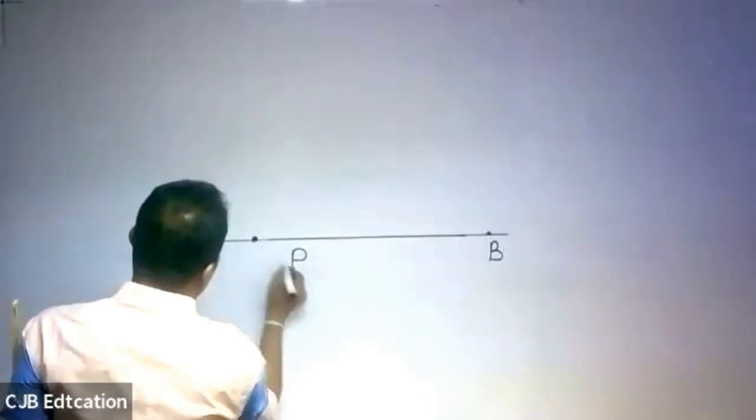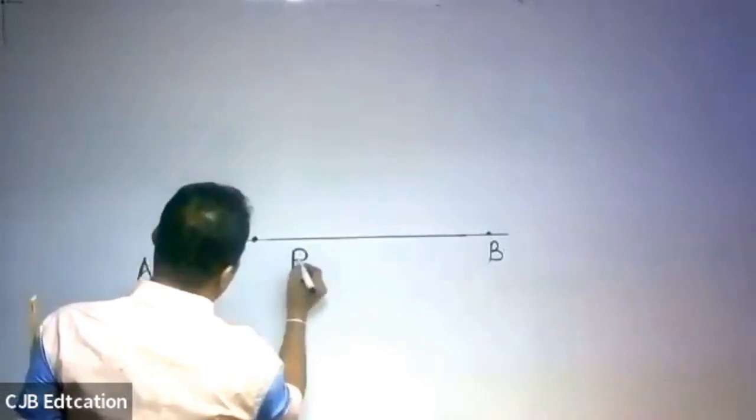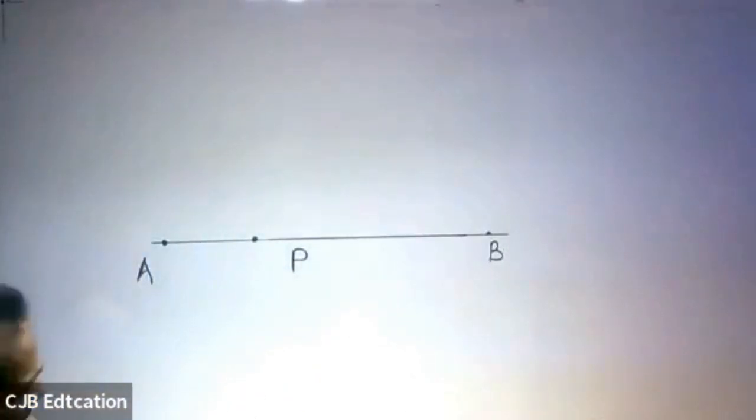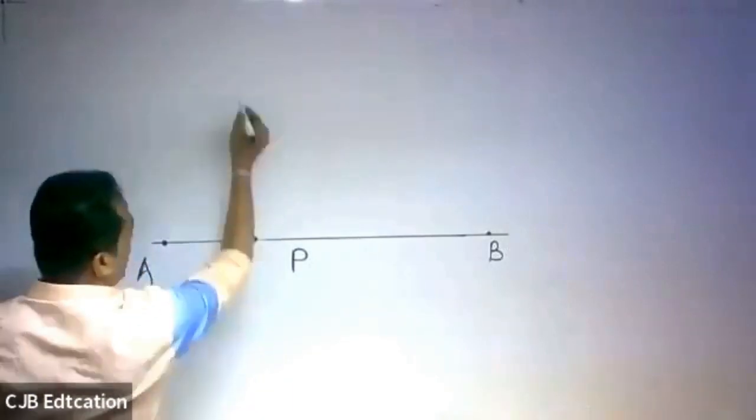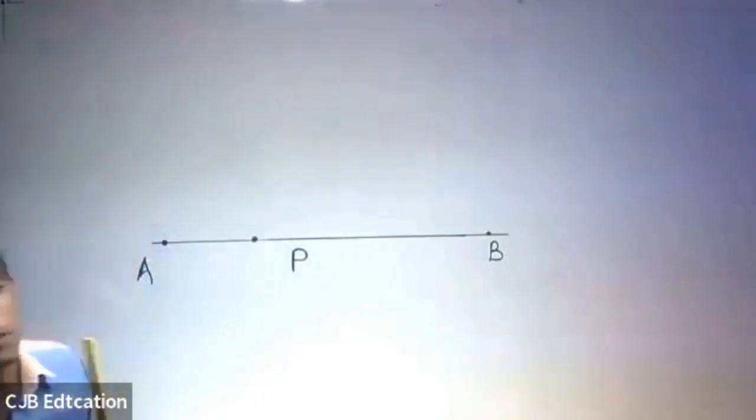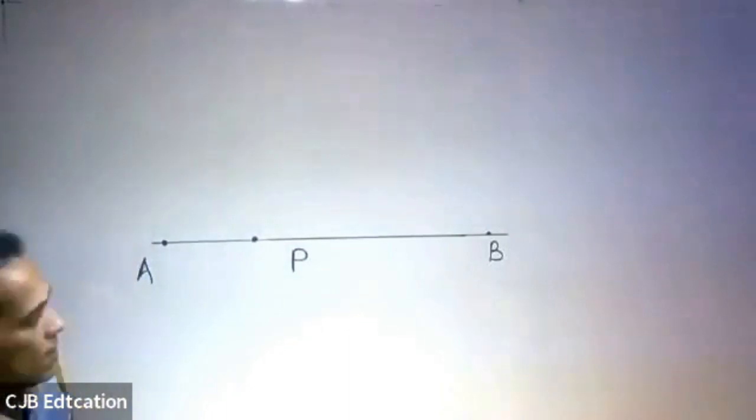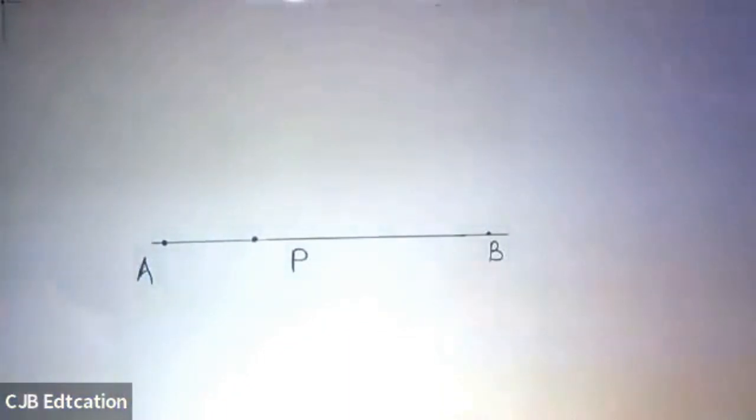And they are given point P on the straight line AB, and then we have to construct a perpendicular at the point P, right? Through the point P here. That is the construction of that. Is that clear? Yes, sir.